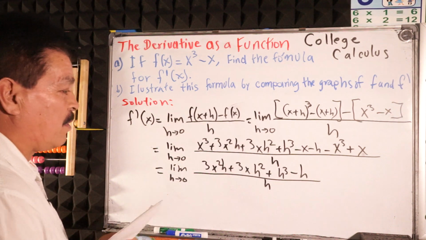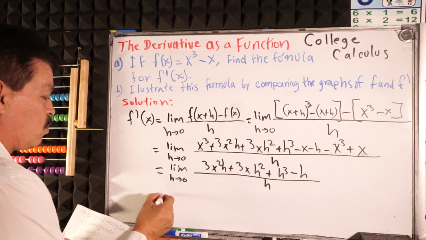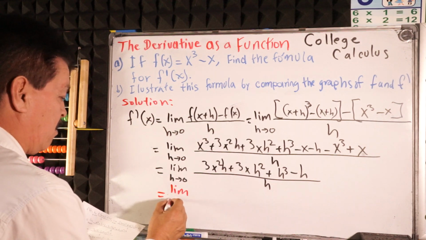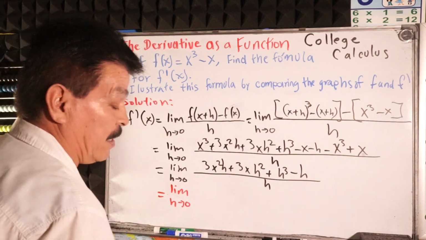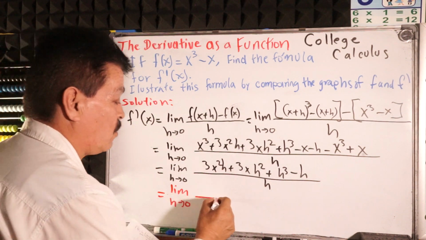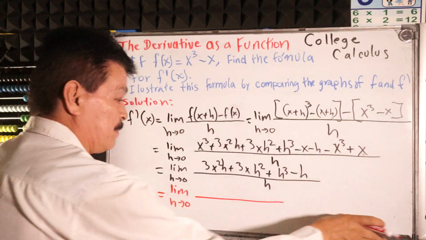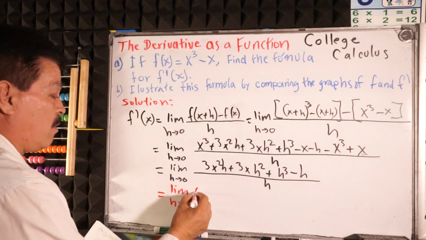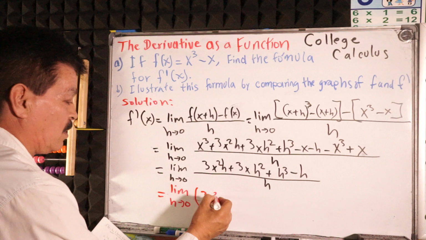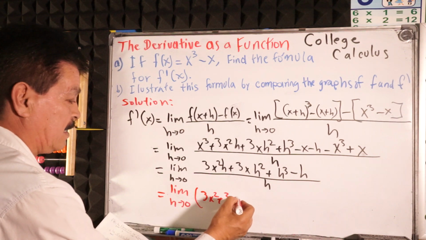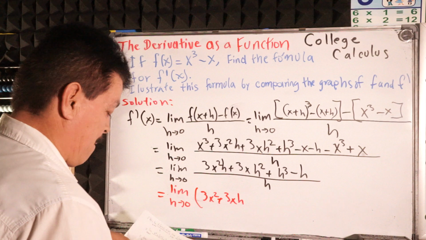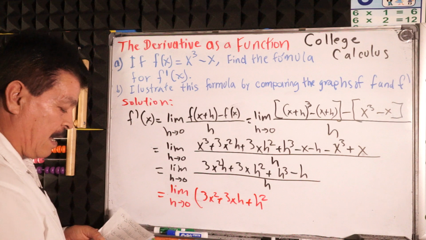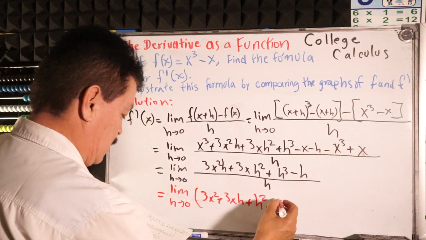So listen, this is very important. Now our conclusion for the derivative: the limit when h approaches 0 of open parenthesis 3x squared plus 3x h plus h squared minus 1.